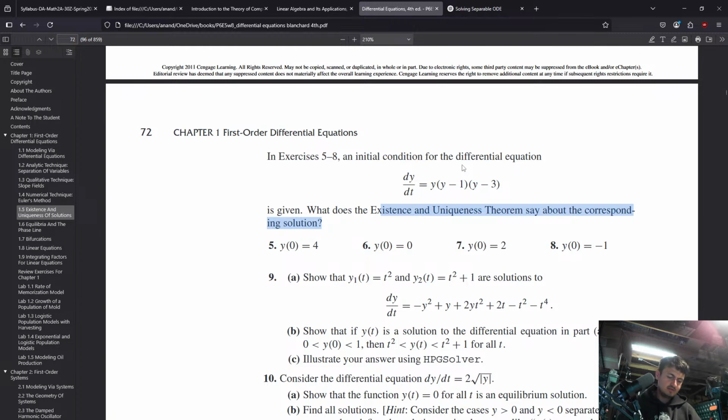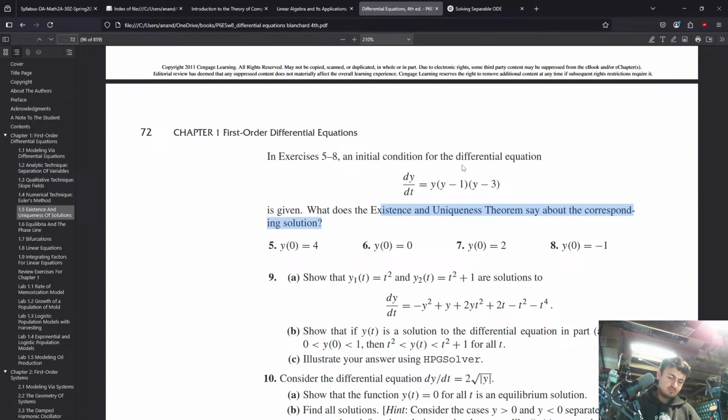If we have y squared minus y times y minus 3, we're going to get y cubed minus 3y squared minus y squared plus 3y.